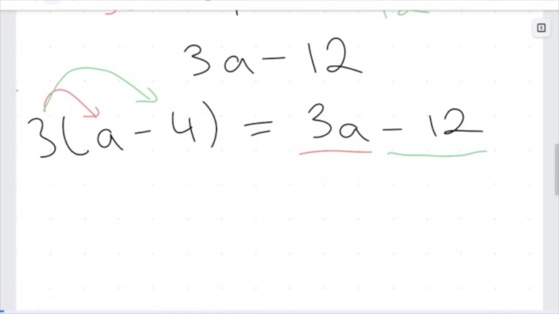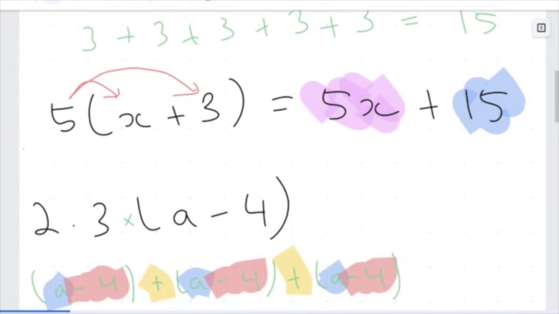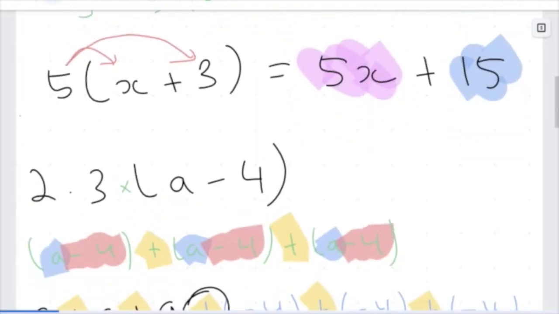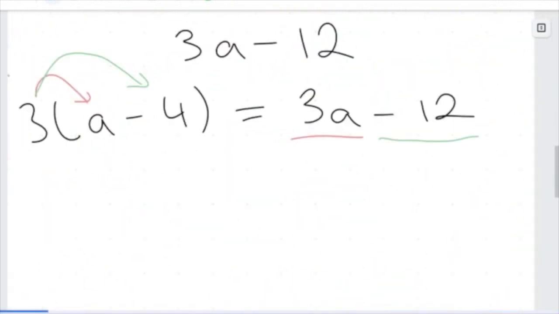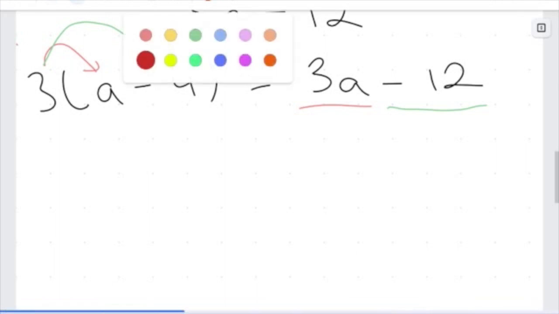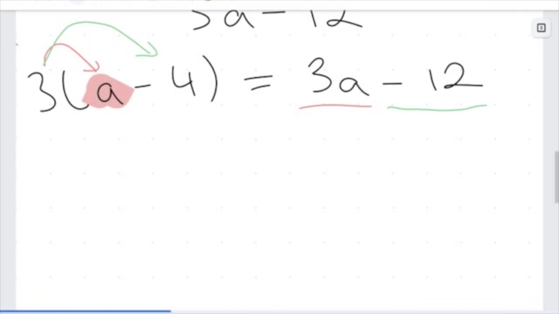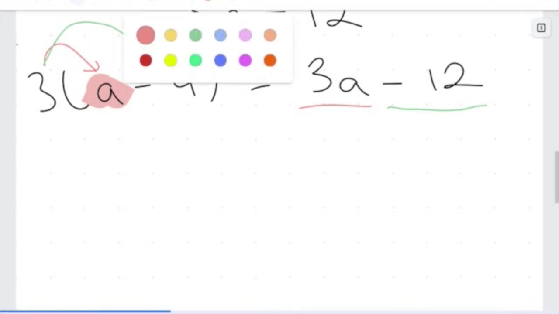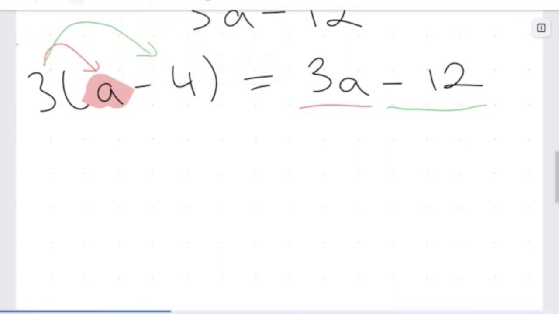So when I expand these brackets, we've noticed a pattern between this and the last question: I am multiplying my outside term by the first inside term, and then the second term inside the brackets.